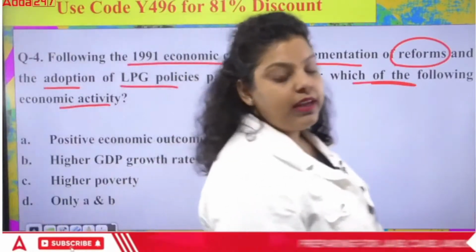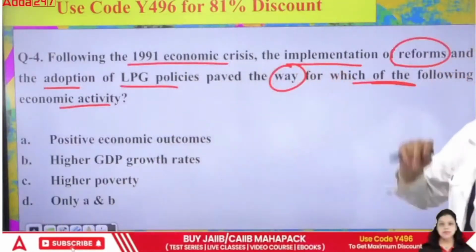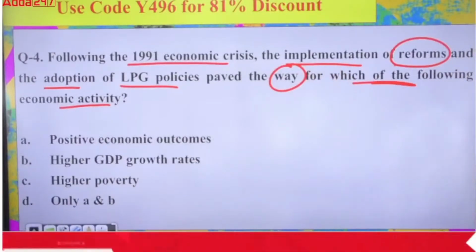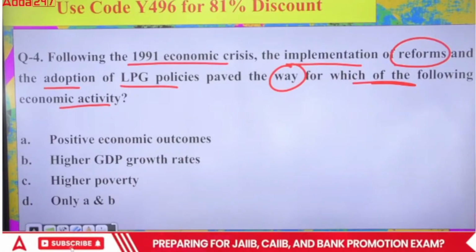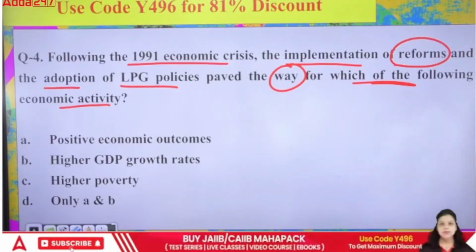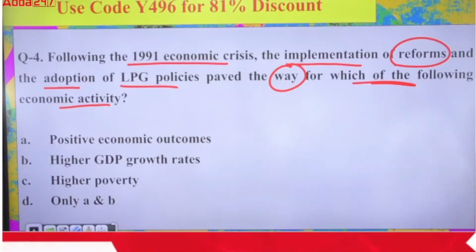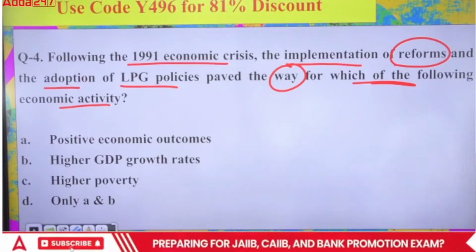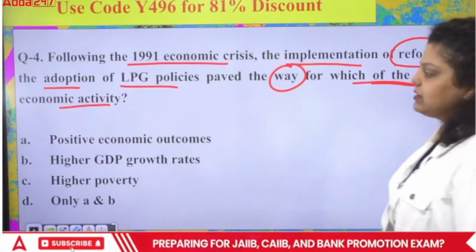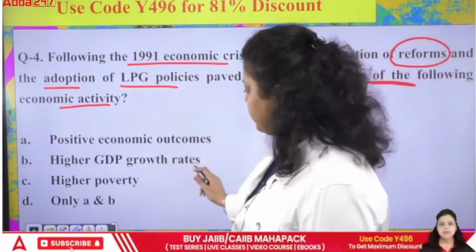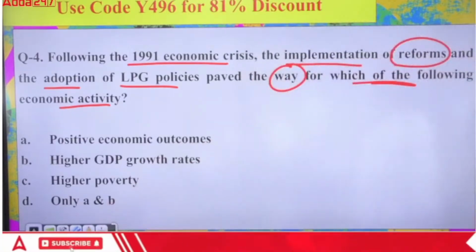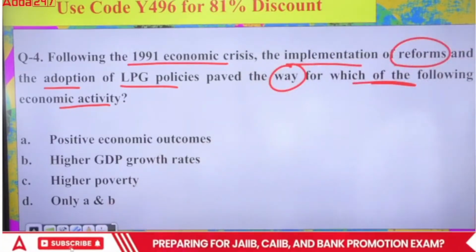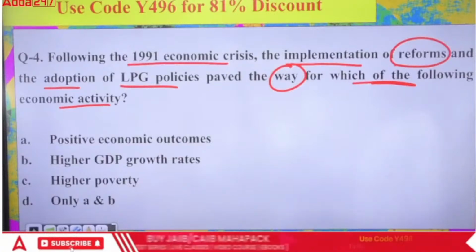Because of the economic reform, because of this LPG policy, what did we get? What paved the way, in which particular sector? With the help of the LPG policy, or you can call it an economic reform. The first is positive economic outcome, higher GDP growth rate, higher poverty, only A and B. Which of the following is correct? A, B, C, or D?